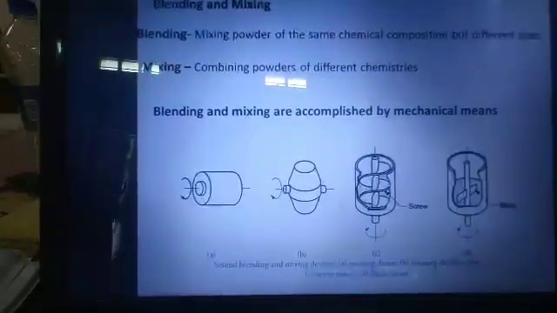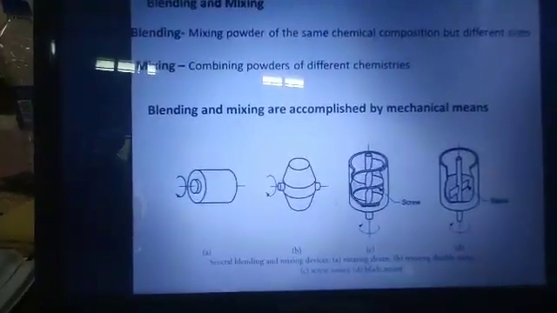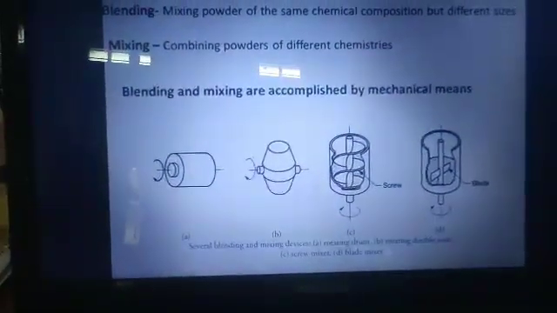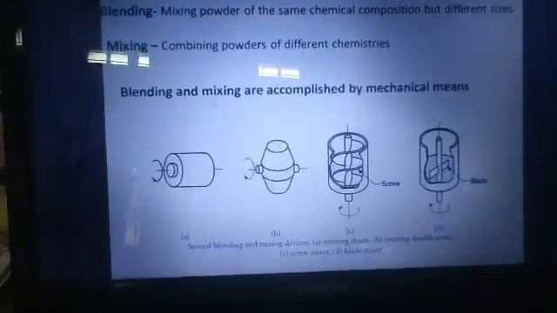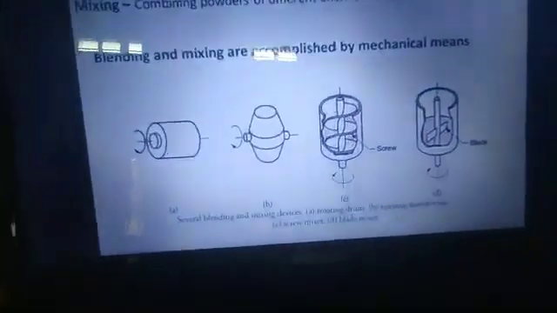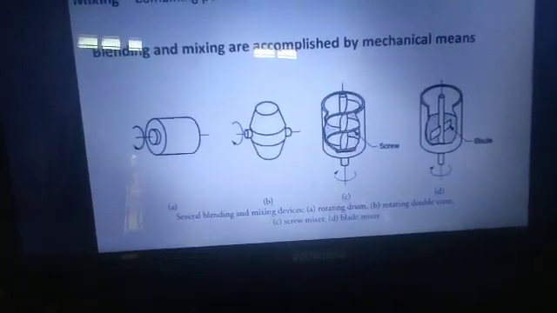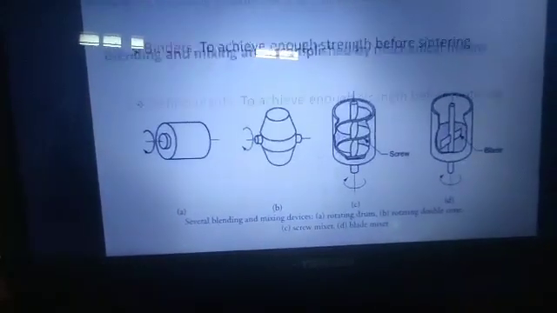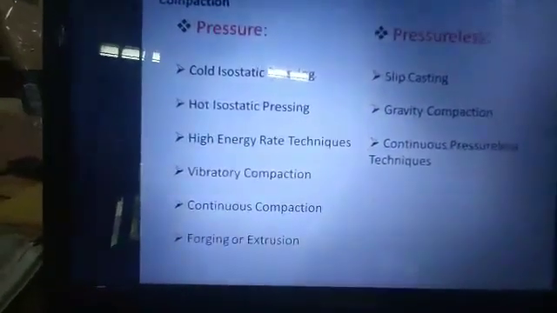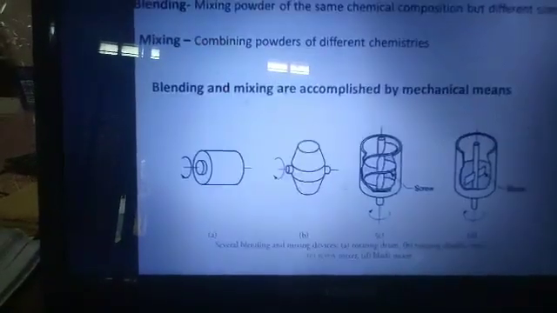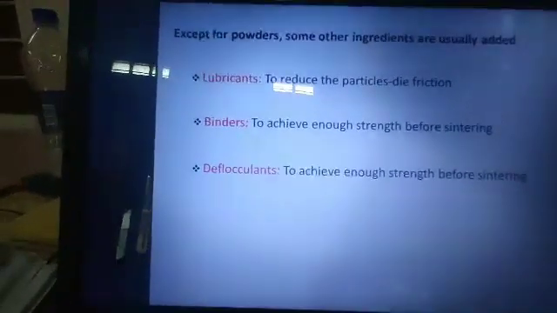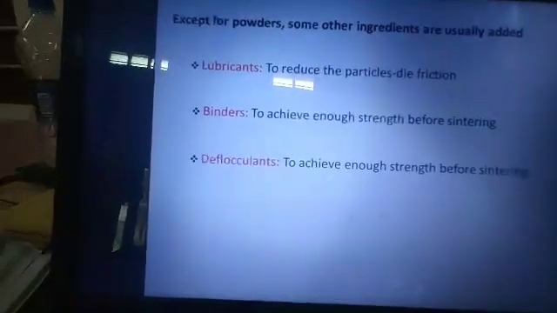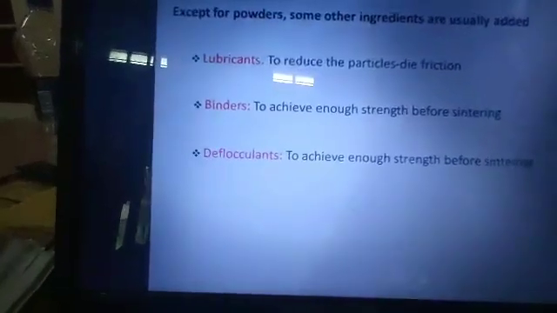Blending and mixing are accomplished by different types of mechanical means, such as rotating double cone, screw mixer, blade mixer. Except for powder, some other ingredients are also used in the powder metallurgy process, like lubricants, binders, deflocculants.